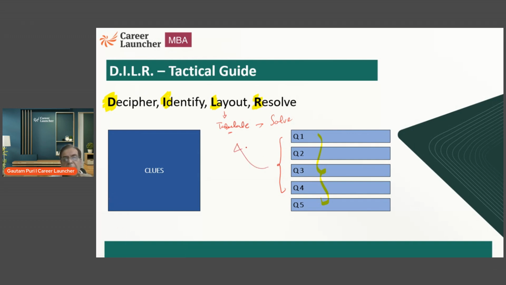Yeah. So tabulate, keeping the question in mind, and then you solve, and make sure this is a back and forth process. You make a part of the table, go to the question, eliminate choices, get the answer, pick up more information, fill up the table. So between the table and solving and questions, you have to keep going back and forth so that you are able to get the answers faster.